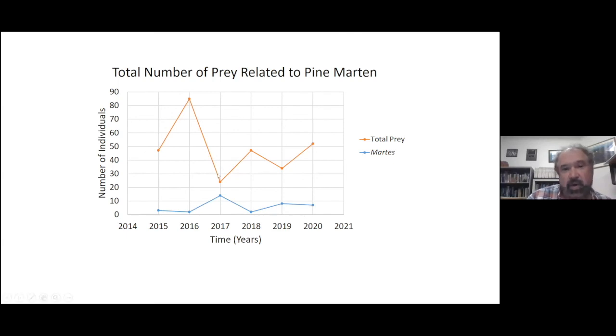When the prey crashed, pine marten were relatively low. We'll see what happens here with the total number going up. I will be very curious if, starting this fall, we see a slight increase again in the pine marten numbers. That would be suggestive, not of top down, but of bottom up, where the number of prey at GLC are directly influencing the numbers of the main predator.